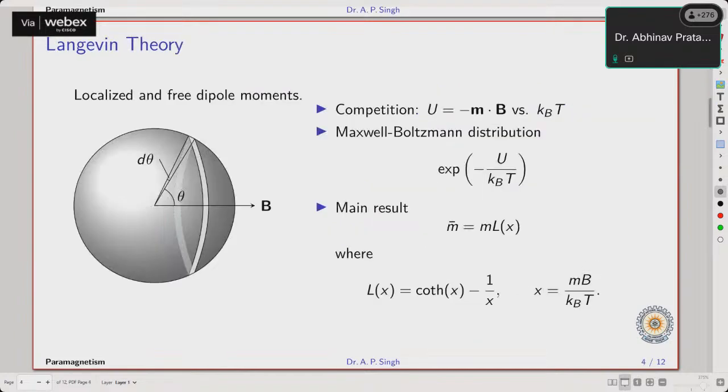Now we will talk about what is called the Langevin theory of paramagnetism.